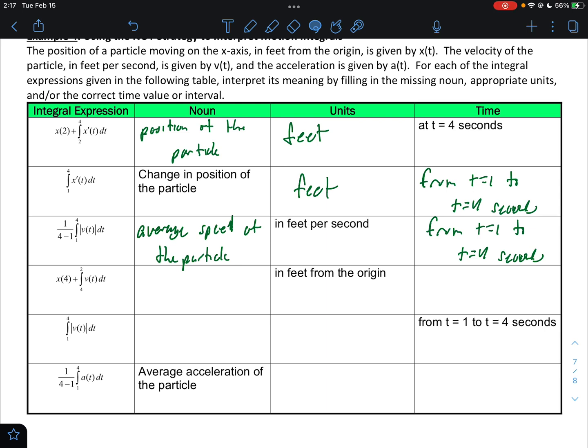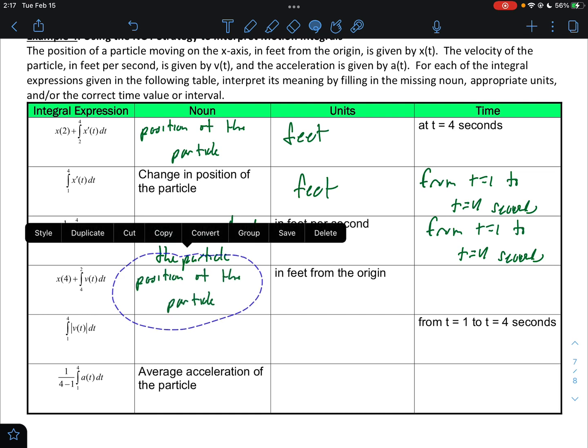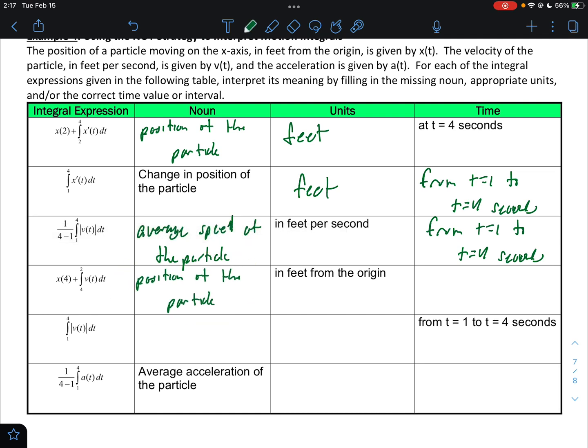The fourth one, x of 4 plus the integral from 4 to 2. That's the position again. So that's very similar to the first one. It's the position of the particle, this time at t equals 2 seconds, and given in feet from the origin.